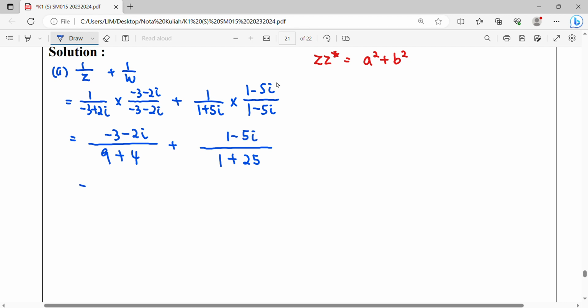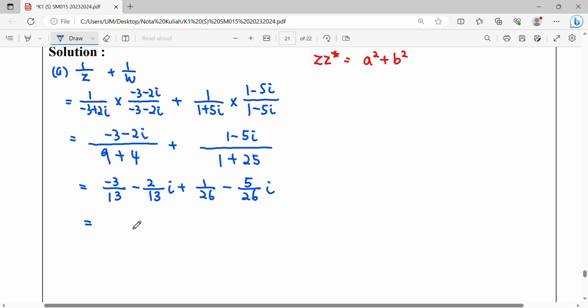So here we can notice that we have a real part -3 over 13, imaginary part -2 over 13i, plus here 1 over 26 real part minus imaginary part 5 over 26i. Then we're going to operate real part plus real part, imaginary part plus imaginary part.